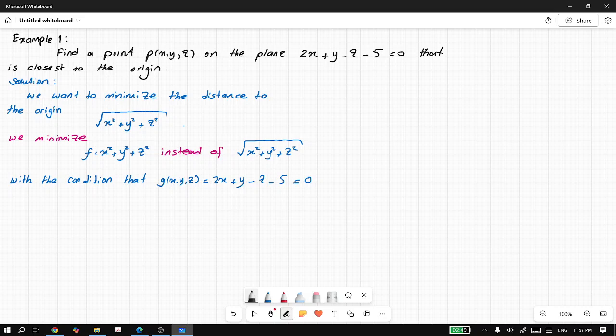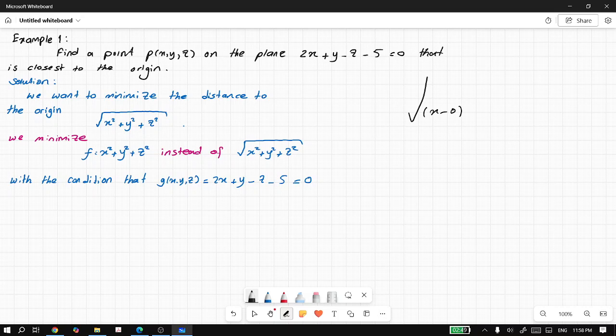Okay, let's analyze the question that we have got and find the minimum value that is required from us. Here we want to minimize the distance. And how is the distance described in general? If you remember, the distance formula is equal to what? It is x minus x naught, which is the origin, because we are finding the distance between the plane and the origin.